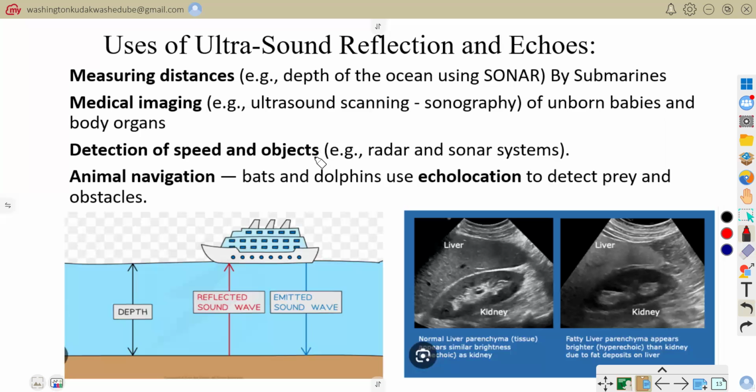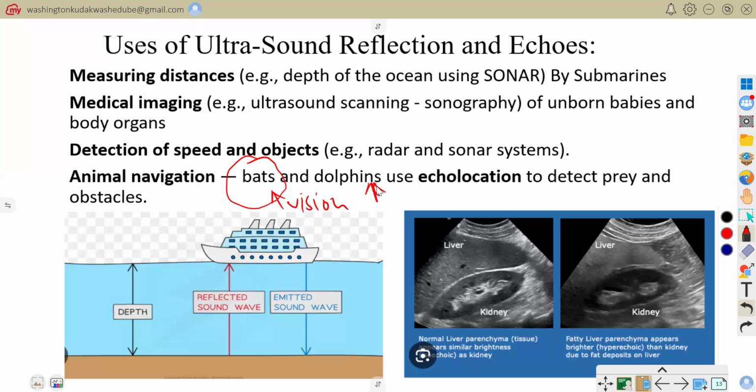And then we have animals like bats as well as dolphins. They use echoes to maneuver or for navigation. Our bats do not have the vision that we have. They do not see the way we see, as well as dolphins.